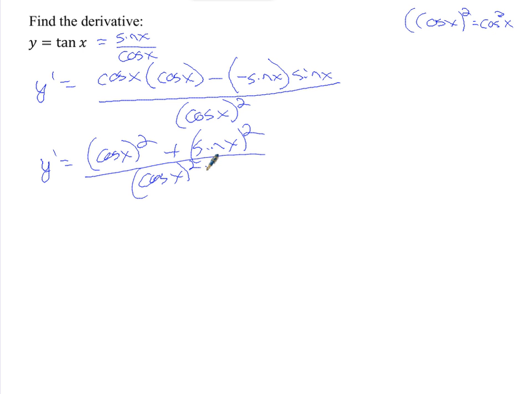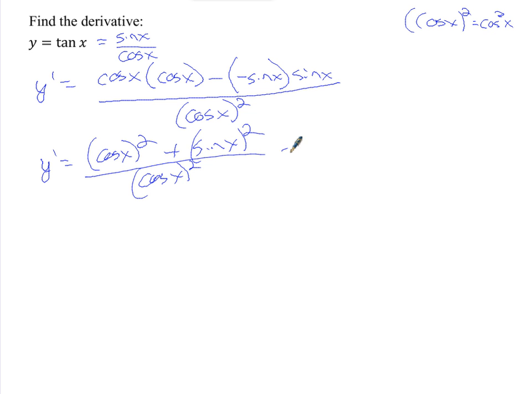Oh, so you want to make cosine x squared over cosine x squared, which would reduce down to 1. And then you'd have sine x squared over cosine x squared, which would reduce down to tangent squared. 1 plus tangent x, what? Something's fishy here. Actually, there is an identity going on, but not that one. You can use that one, but this one is the better one to see right away.